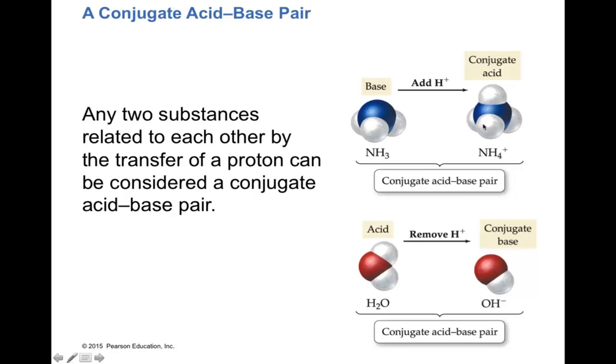This is the base-acid pair. And now water, in this same reaction, will donate that hydrogen, remove that hydrogen, so it will be considered the acid. So this is the acid and this is the conjugate base. So the base will produce a conjugate acid and the acid will produce a conjugate base. And both of these are conjugate acid-base pairs.